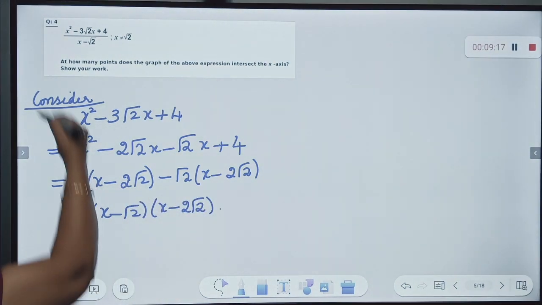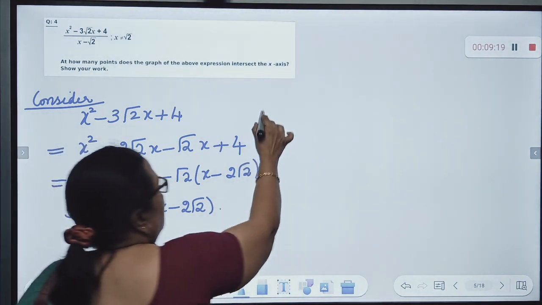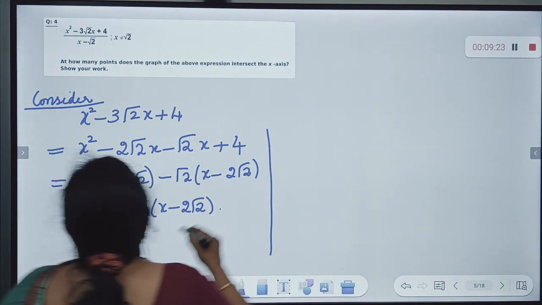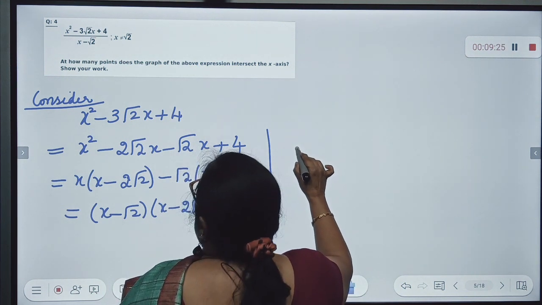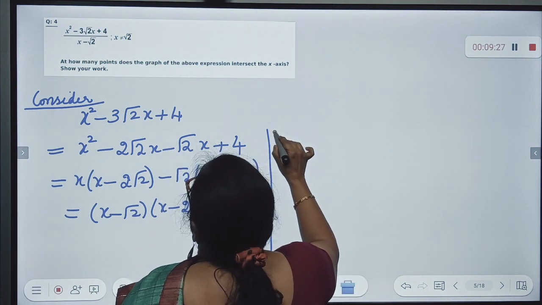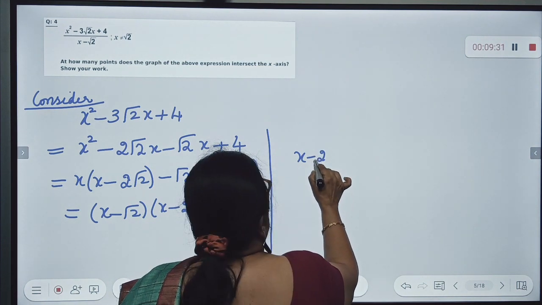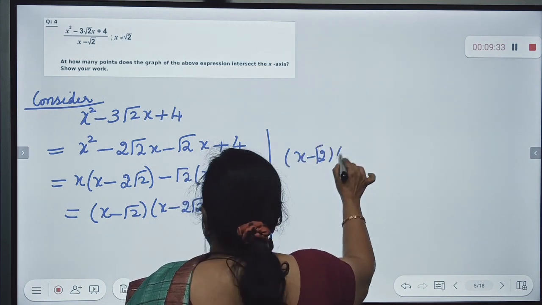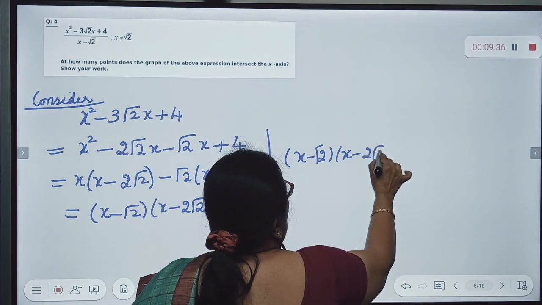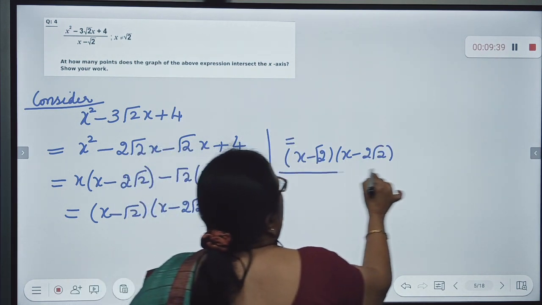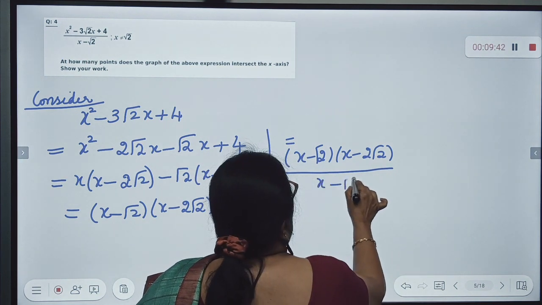So the given quotient of polynomial expressions can be simplified as numerator x minus root 2 into x minus 2 root 2, divided by x minus root 2.